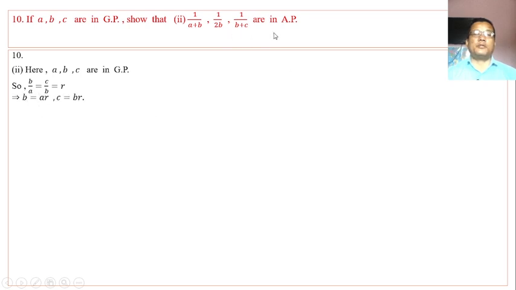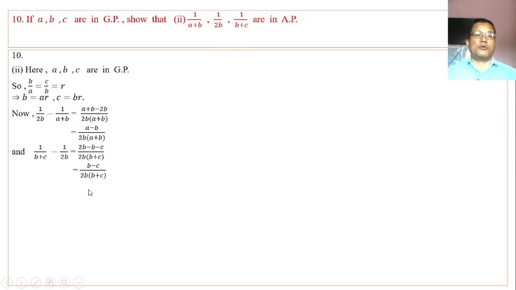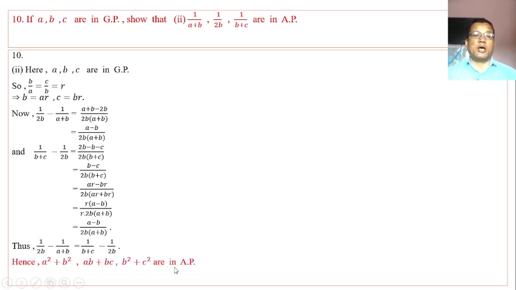For the AP, the second number minus the first number, simplify, and the third number minus the second number, simplify. Substituting B equal to AR and C equal to BR, taking R common, the right side and left side are equal, so these expressions are in AP.